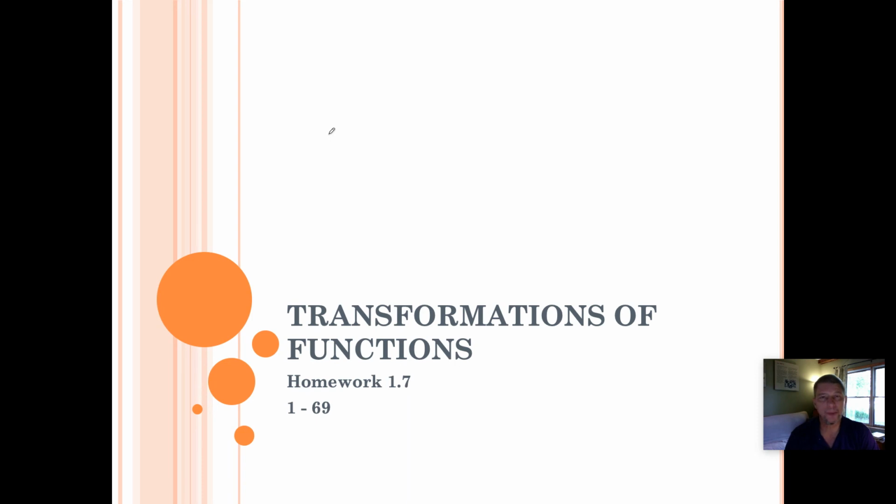But also please be aware that this is the last section of chapter 1 that we're going to discuss this summer. And therefore, your midterm exam is going to be the next class after we go over the homework assignment. And it will cover sections 1.4, 1.5, and 1.7. Okay, all 3 of those sections.